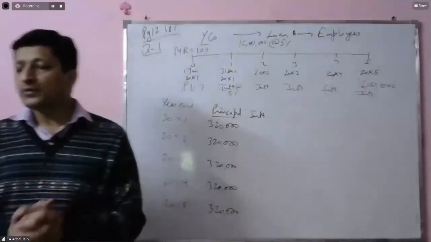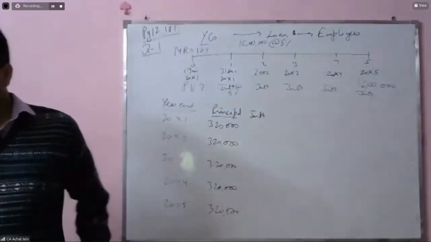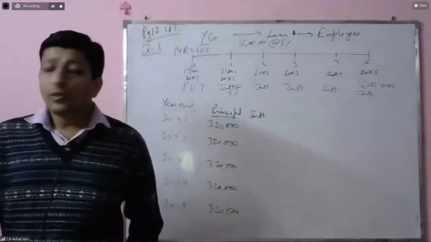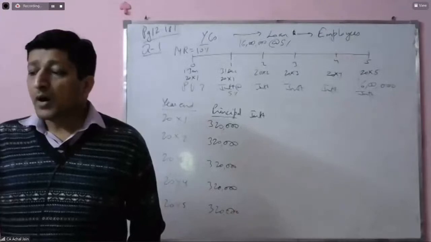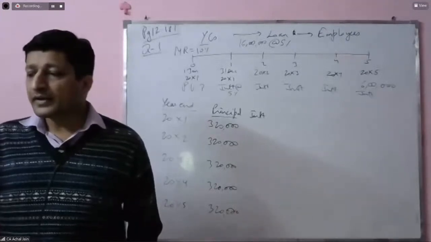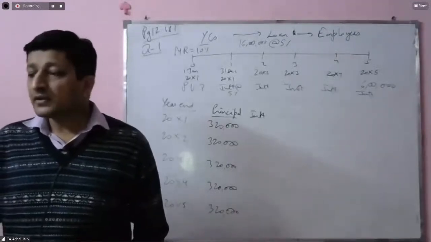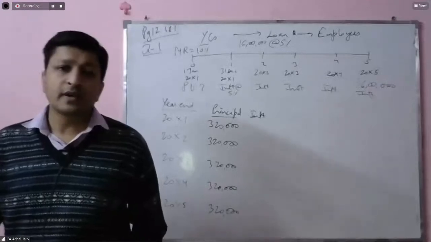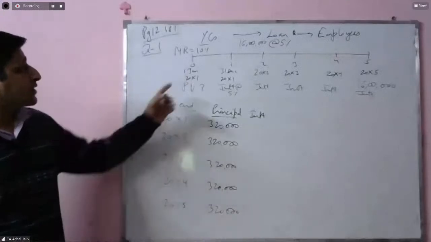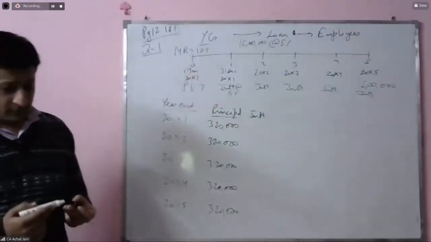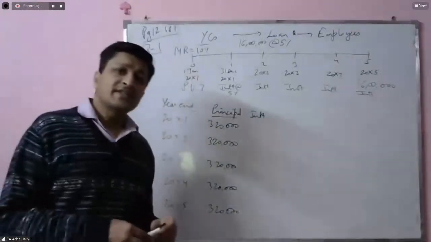If you go back to the question, it says the amounts lent are to be repaid in 5 equal installments for principal along with interest. I think this part of the question we did not note, which the solution has considered.